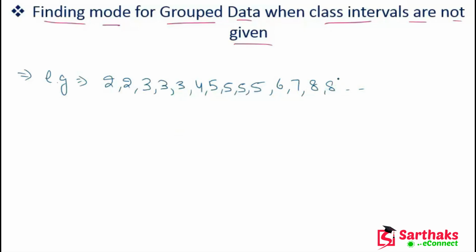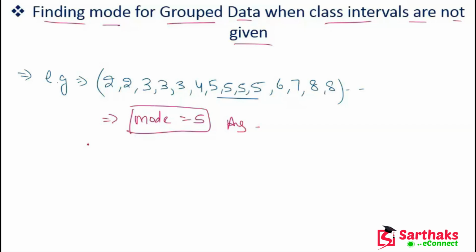Okay, this is the set of data. Now my dear friends, we have to find the mod. So simply, we can observe that in this, 5 is repeated more number of times. So we can say mod is equal to 5. Okay, my dear friends, I hope you understand these things.